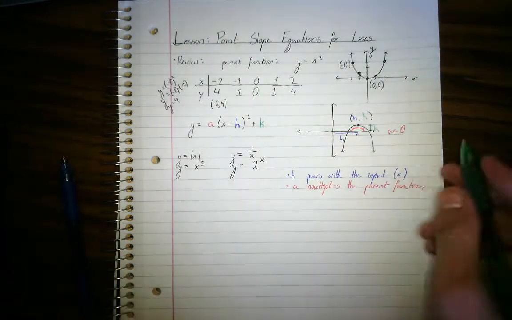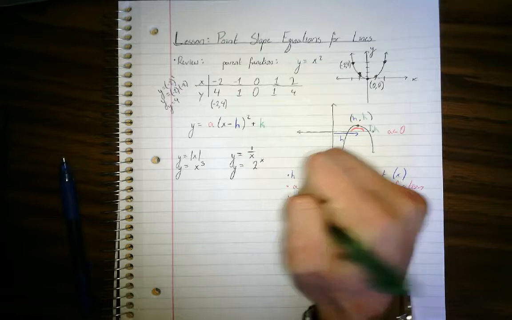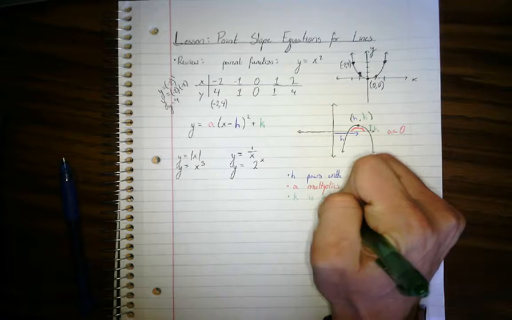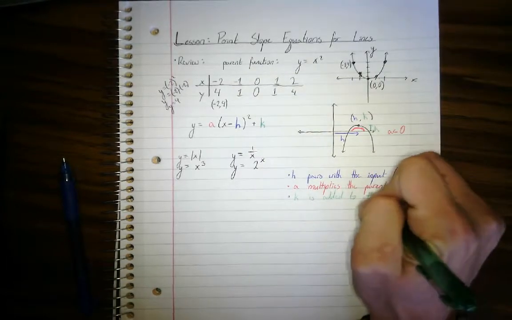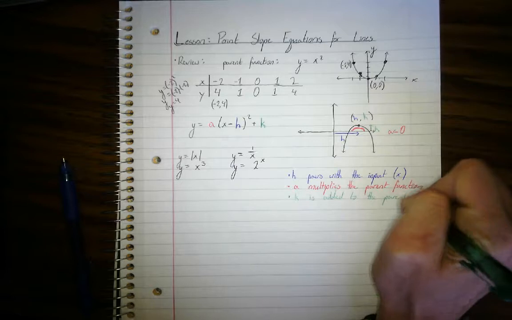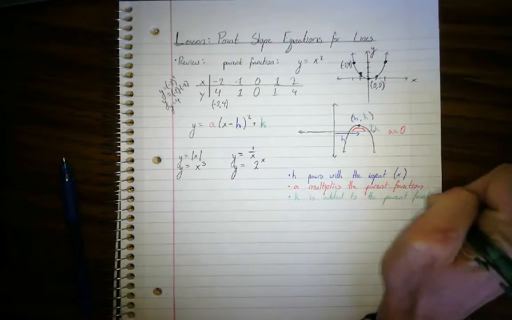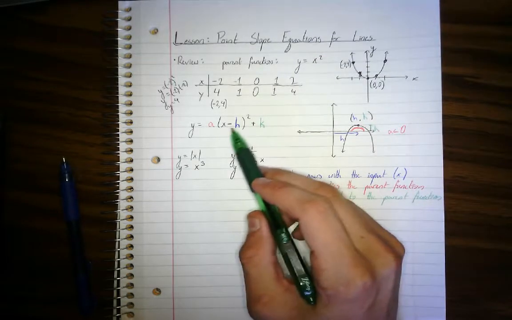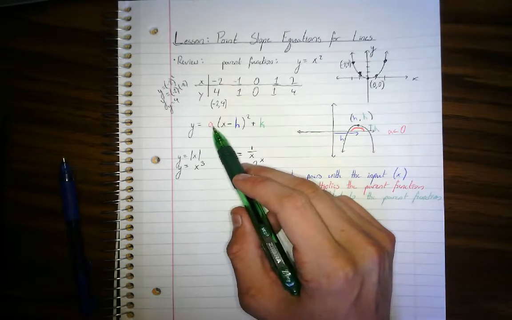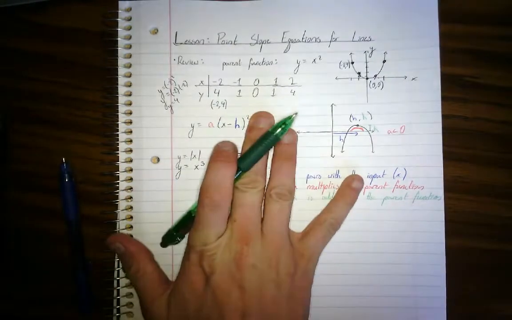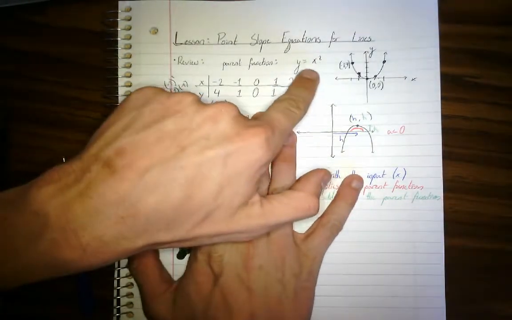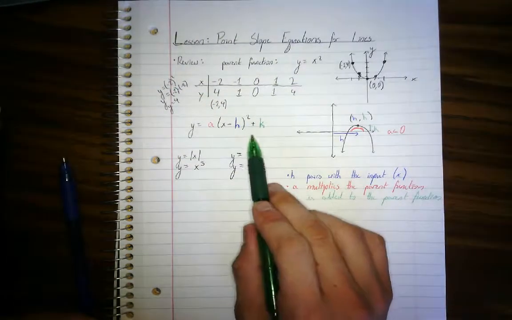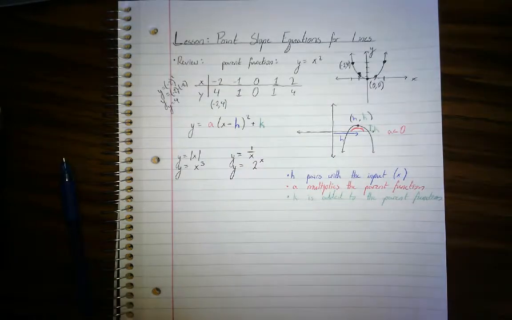And then finally, k is added to the overall parent function. So in other words, we take our x squared, we shift it over h, we multiply it by our a, but then this overall function right here, which is just a more complicated version of our parent function, then has a k added to it, like so.